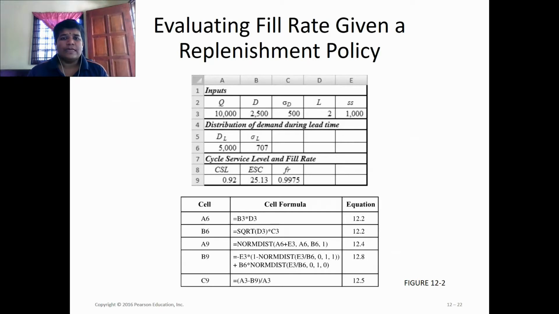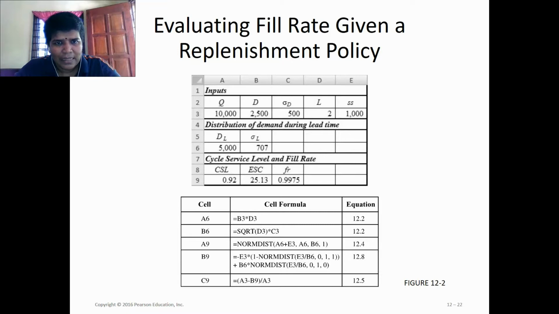In the book there is a clearly explained step for how to calculate using Microsoft Excel. If you exactly follow the cell formulas, where we have the equation to get all the values, it will give you an exact figure.